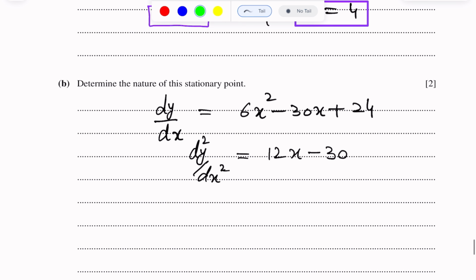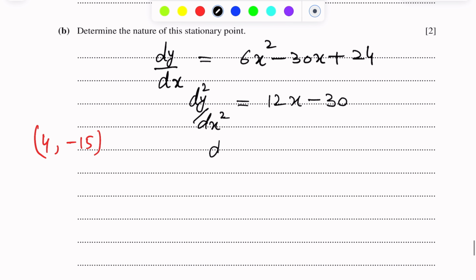So the stationary point is 4, minus 15. Putting the value of x here, we will check the sign of the double derivative, d square y over dx square, 12 into 4 minus 30, that is 18.